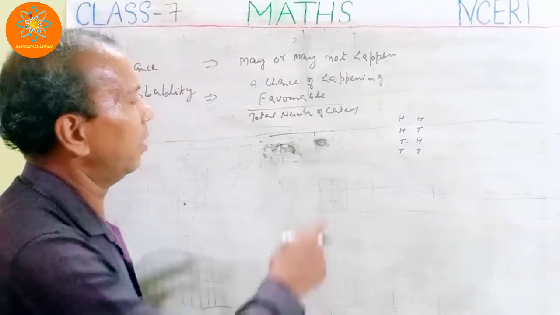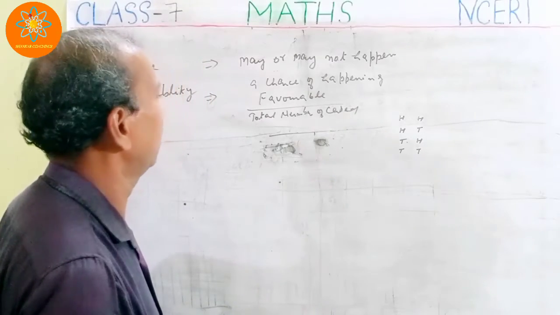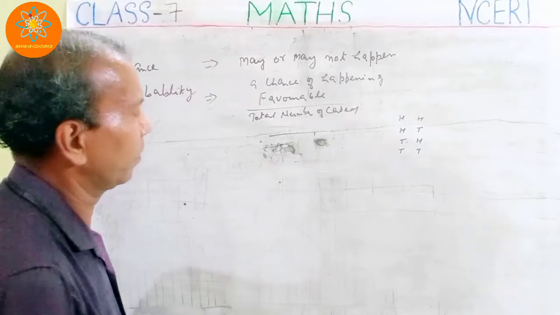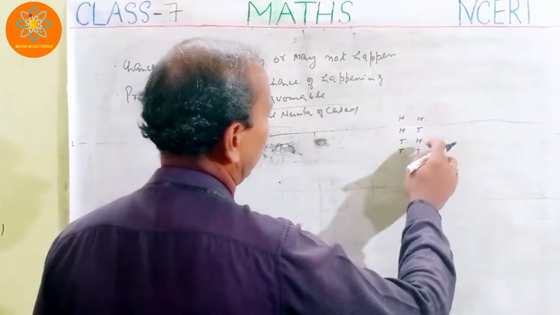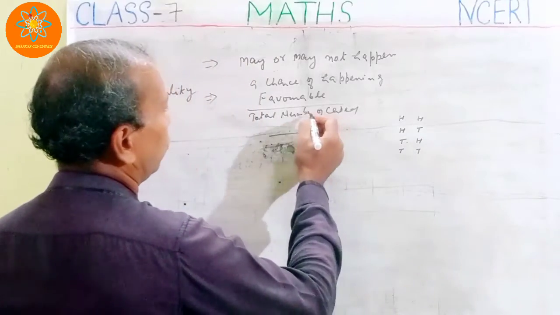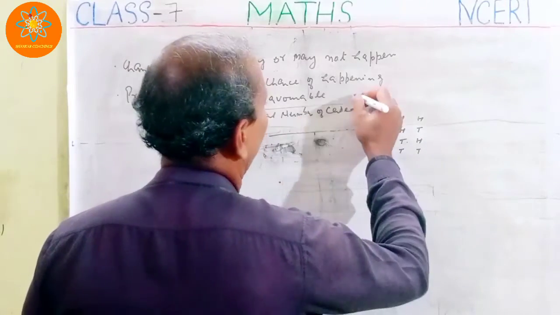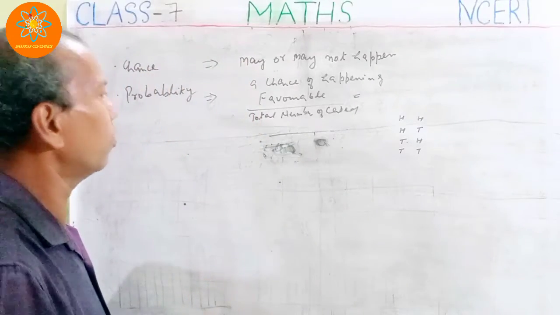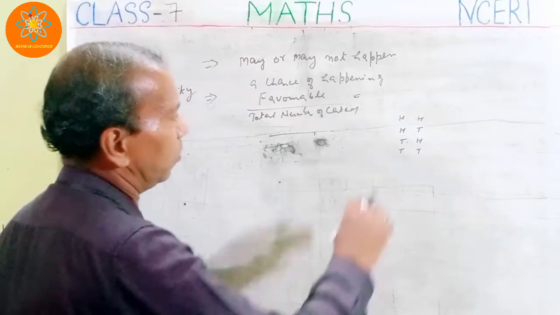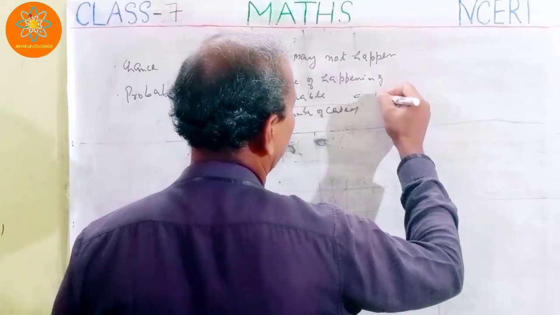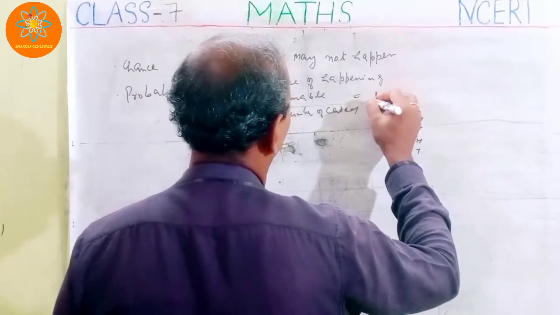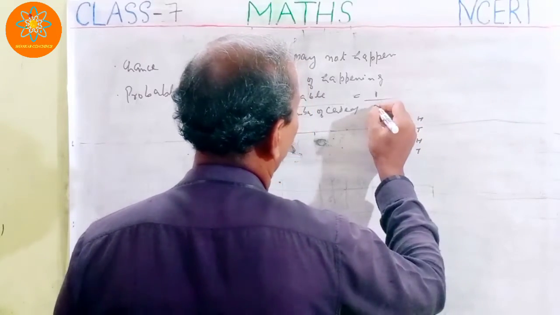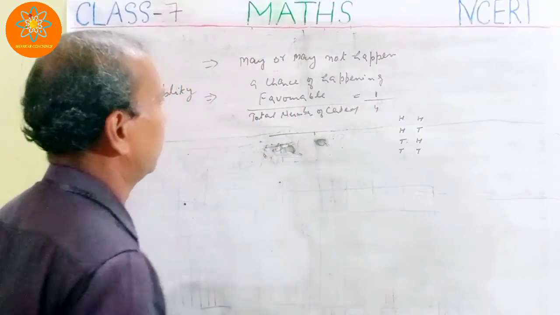So this is the total number of cases: 1, 2, 3, 4. I want to see head on both coins, so only one possibility here. So favorable cases is 1 and total number of cases is 4. So 1 by 4.